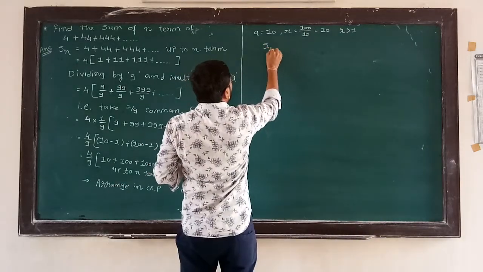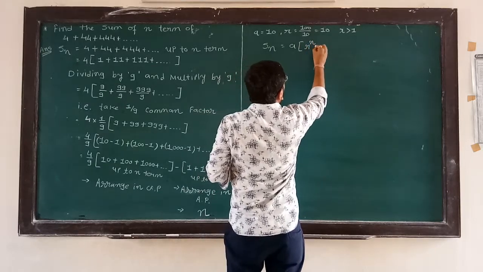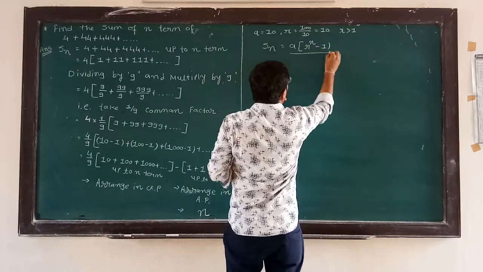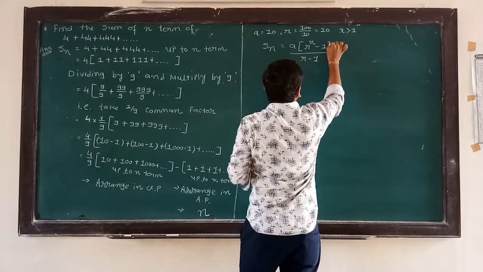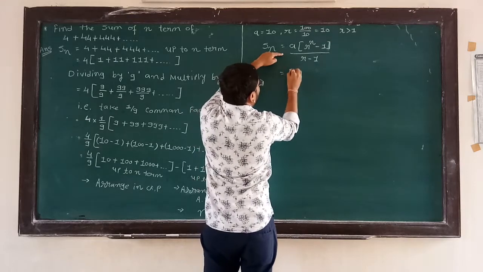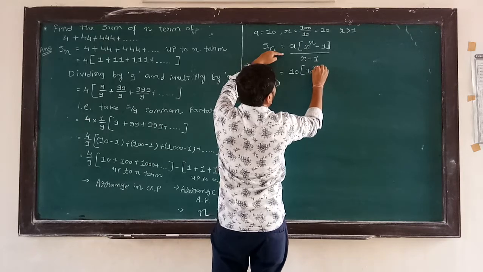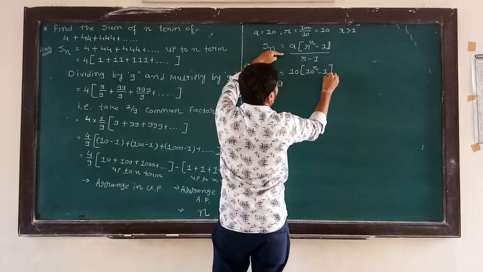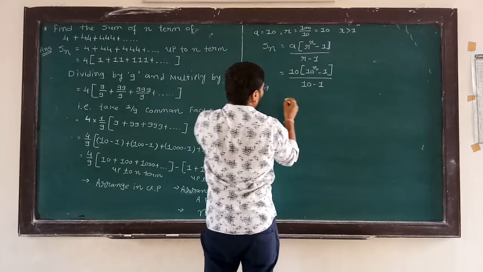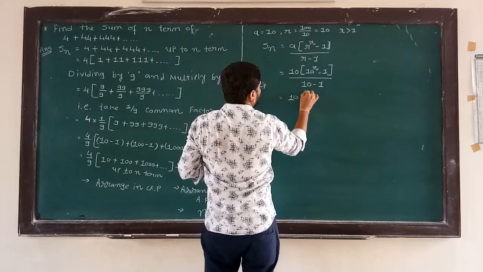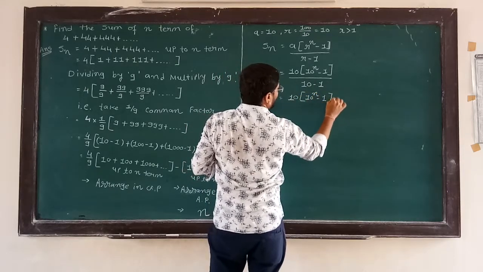Now Sn is equal to A times R power n minus 1 upon R minus 1. Here A is equal to 10, R is equal to 10, so this is 10 times 10 power n minus 1 upon 9.